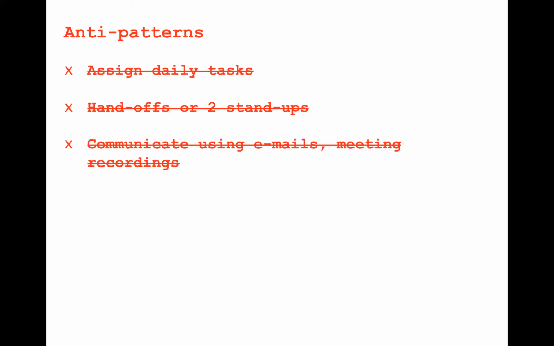How many times do you record a meeting thinking that the other members in the team would hear that meeting and be able to grasp everything that happened? Guess what? Nobody likes to play back meetings. Also, people find it a good excuse to skip meetings. Even the ones who are attending the meetings, just because it is recorded, stop paying attention, because they have this notion that they can always go back and play it back and grasp everything. Never happens.